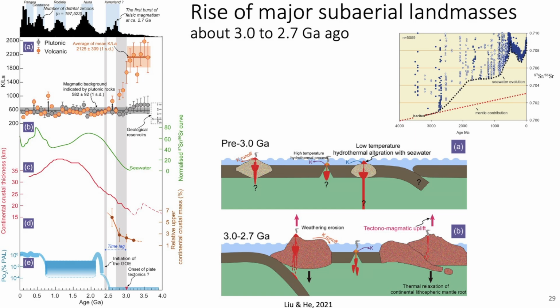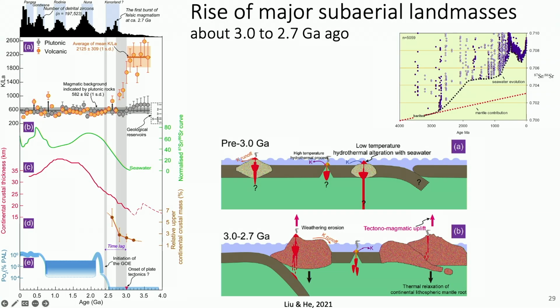So this modern tectonics gave some subaerial land masses that we like very much in terms of locations where we could have the emergence of the origin of life. That's been done using a large data set of measurements of the potassium to lanthanum ratio. Lanthanum cannot be removed by erosion or interaction with superficial water, whereas that's the case of potassium.